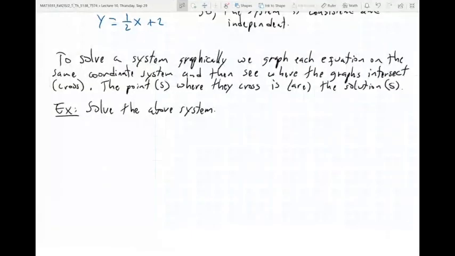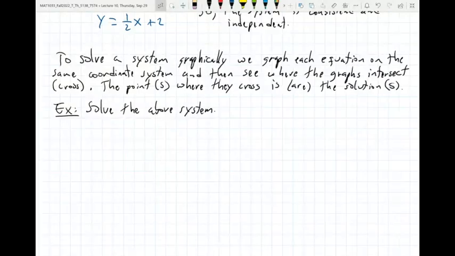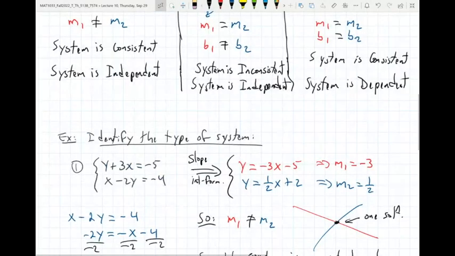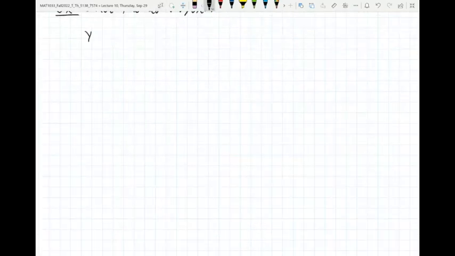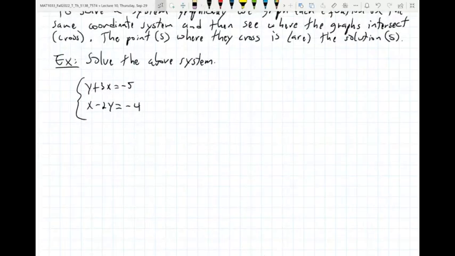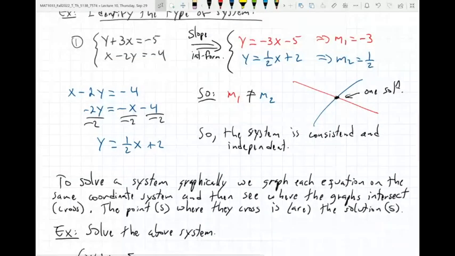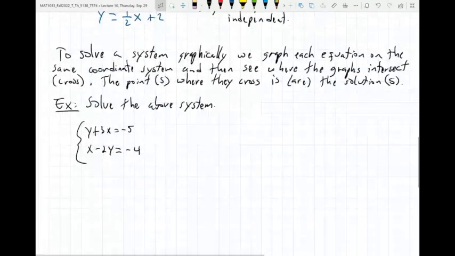All right, so let's do this. So the system is y plus 3x equals -5 and x minus 2y equals -4. Okay, so we already have the slope-intercept form of this, so the points are nice. So let me write them.